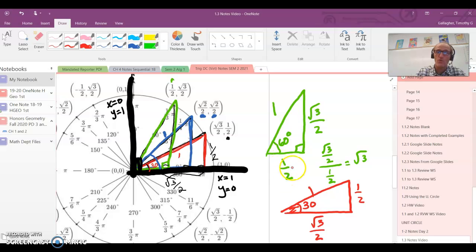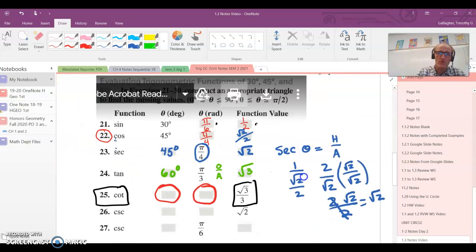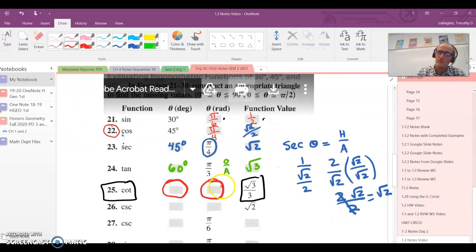Okay, it's 1/2 over the square root of 3 over 2, which ends up being the square root of 3 over 3. So that has to be 60 degrees, which is pi over 3. So you have to work backwards sometimes when you're given the value to figure that out.